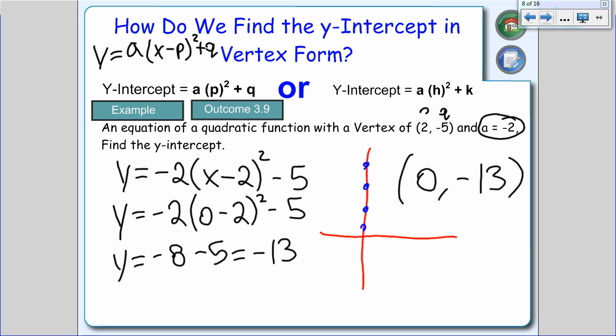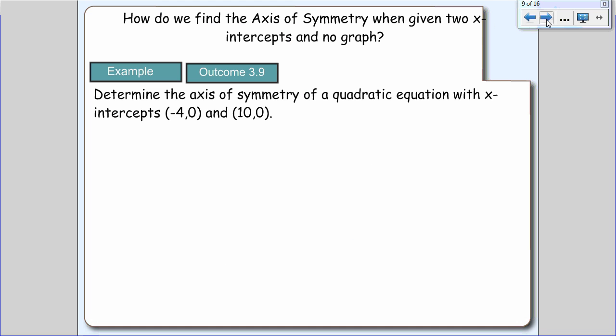Determine the axis of symmetry of a quadratic equation with x-intercepts -4, 0 and 10, 0. What form would be useful? Factored form would be useful, but really understanding what we're working with is more useful.